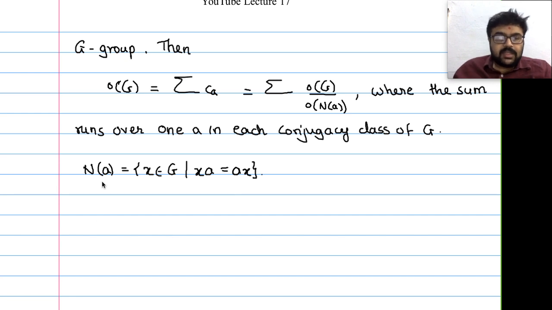Now see what happens if N(A) equals G. N(A) equals G means every element of the group will commute with A. Or in other words, A commutes with every element of the group G. So A belongs to the center of G. So recall what the center of G is.